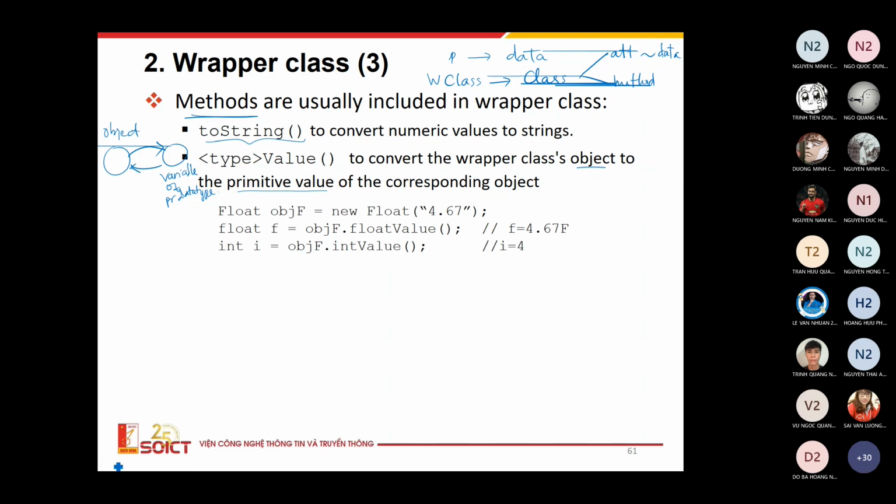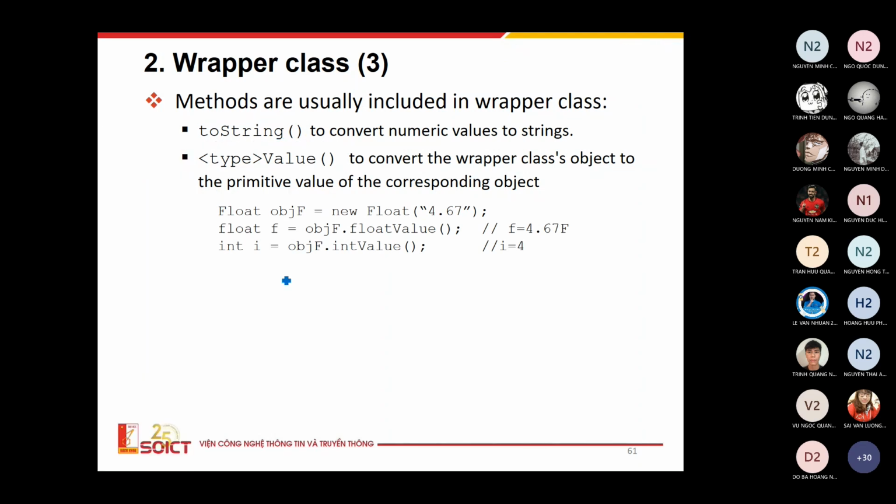For example, you have this comment. In this comment, you will create a reference variable of the type Float. Float here is the wrapper class. It's not float like this.